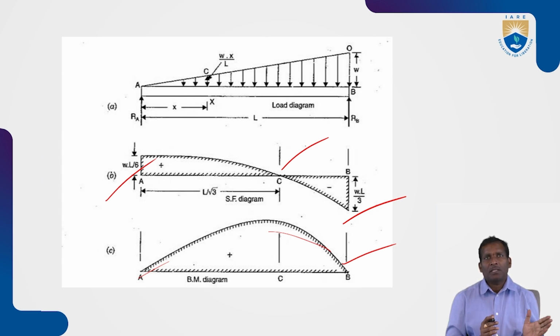So this is the variation for a simply supported beam carrying a UDL or a UVL, a uniformly varying load, varying from 0 to W. We have seen these three cases and discussed the differences.